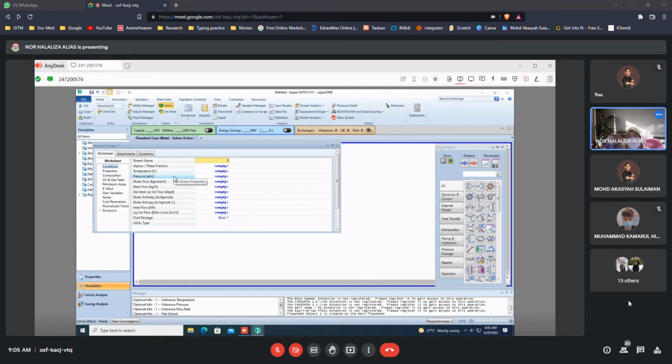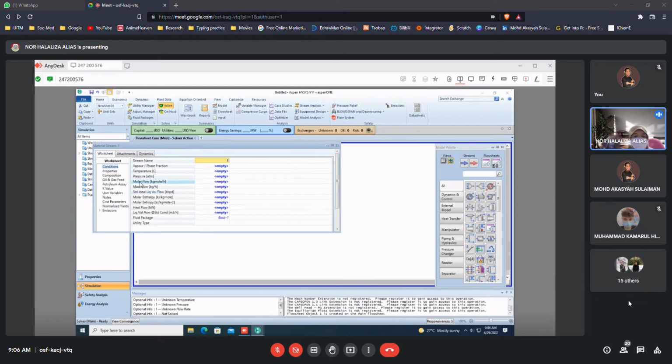Clear? Yeah. For example, for this question, I enter V over F with pressure, so automatically it will calculate the temperature. So that is why you only enter 2 parameters, and the third property will be auto calculated. You cannot key in all 3 parameters, because the third parameter will be automatically calculated based on the 2 parameters you have keyed in.